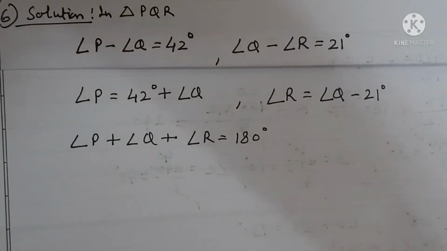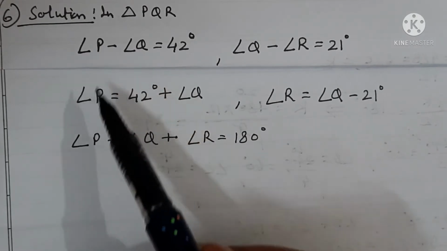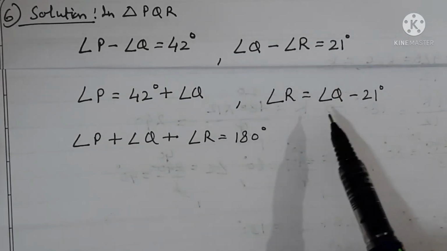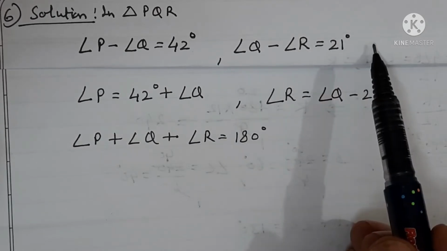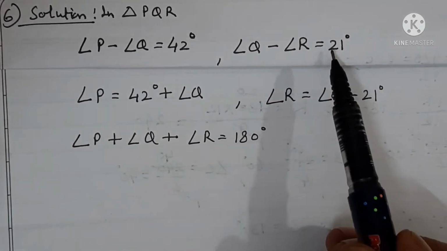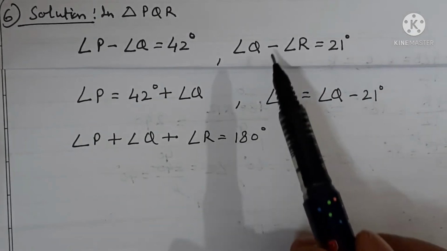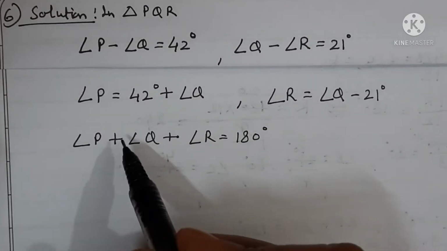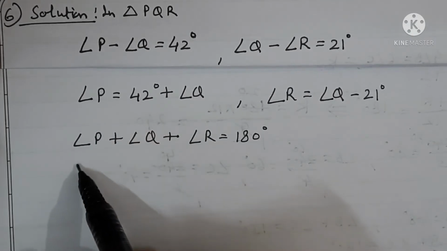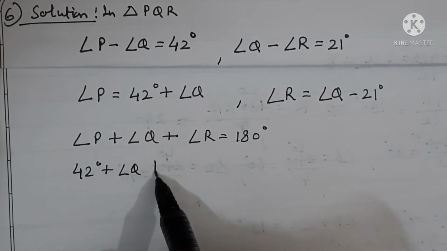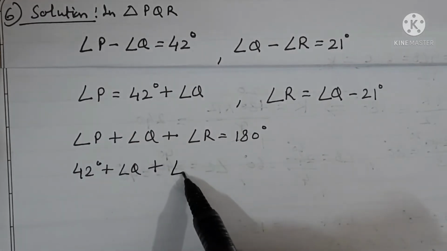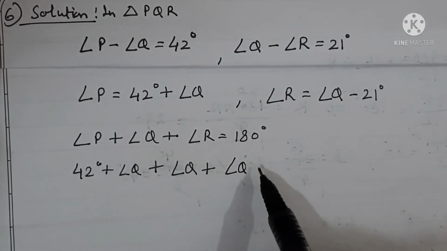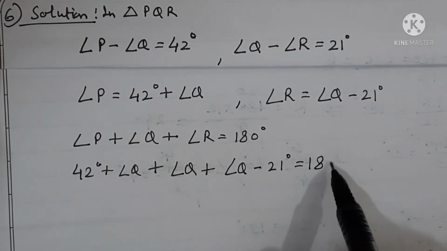Let's see. Now here we get the value of angle P in terms of angle Q, and also angle R in terms of angle Q. Now the sum of interior angles will be 180 degrees. So write angle P is equal to 42 degrees plus angle Q, plus angle Q as it is, plus angle R in terms of angle Q, which is angle Q minus 21 degrees, is equal to 180 degrees.